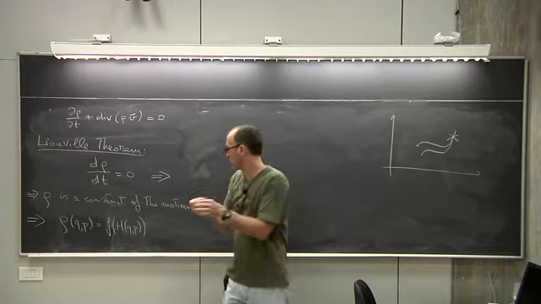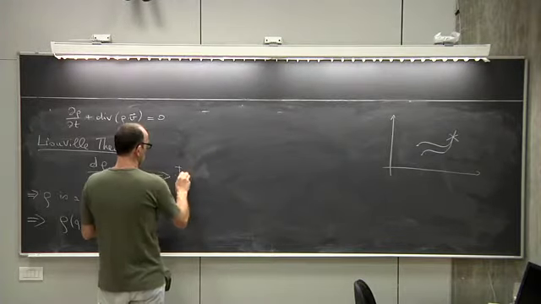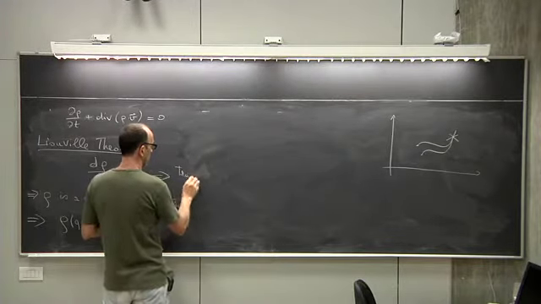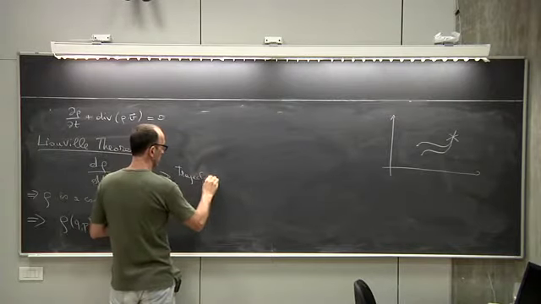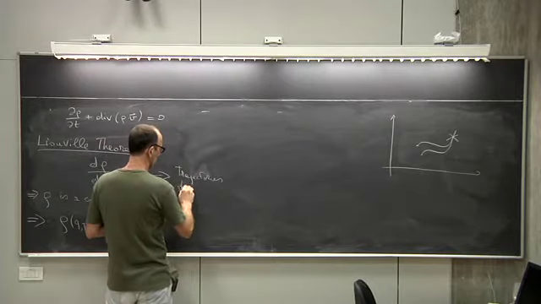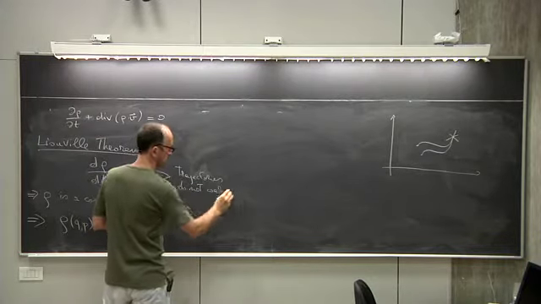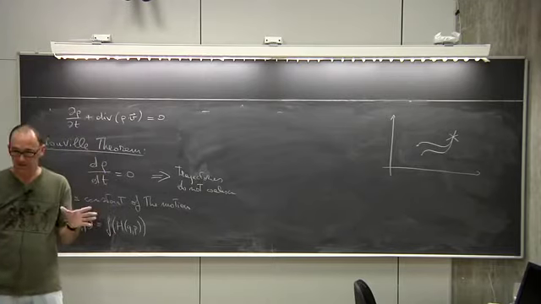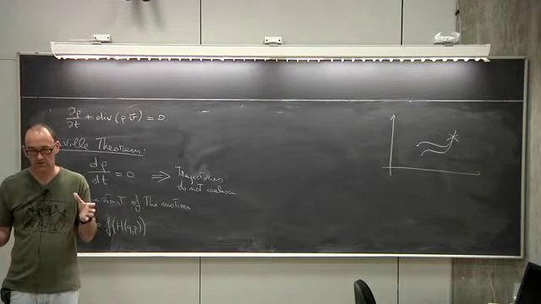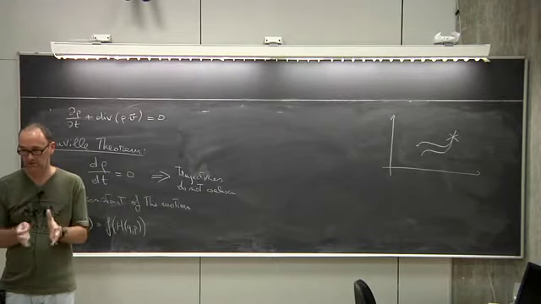So the trajectories do not coalesce. They always stay separated.